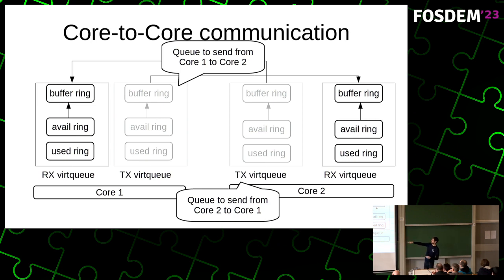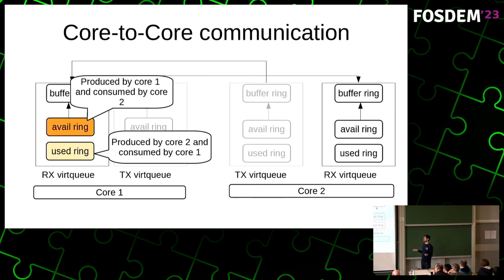So if core 1 wants to get packets from core 2, we have a reception queue, and if core 1 wants to send a packet to core 2, it has a transmission queue. The number of queues is going to be different if you have 3 cores, for example, because the virtqueues are dedicated.